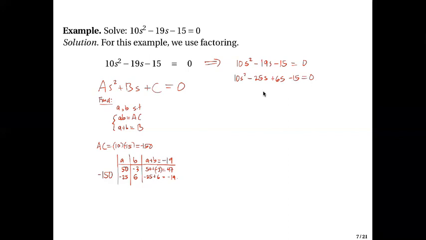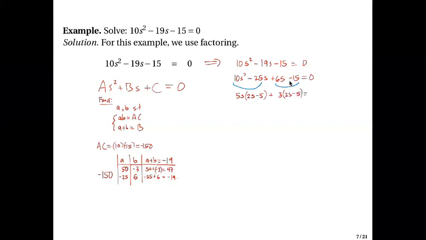And then you factor this by grouping. You group this, you group this. Correct? So if you group them, you will have 5s quantity 2s minus 5, plus in here you have 3 times 2s minus 5.